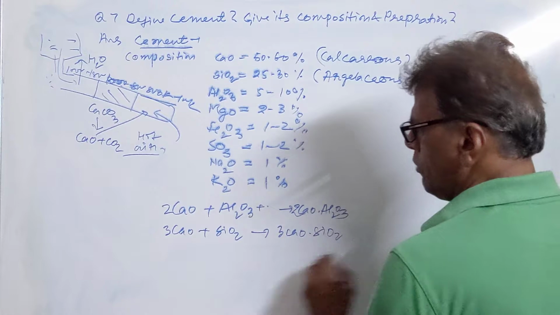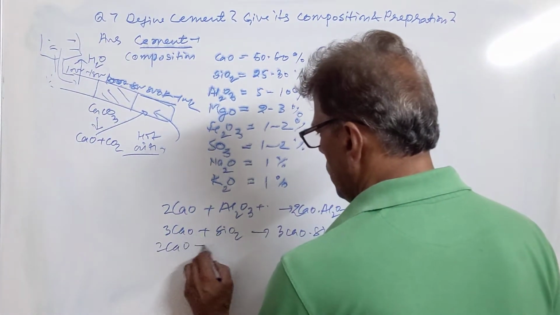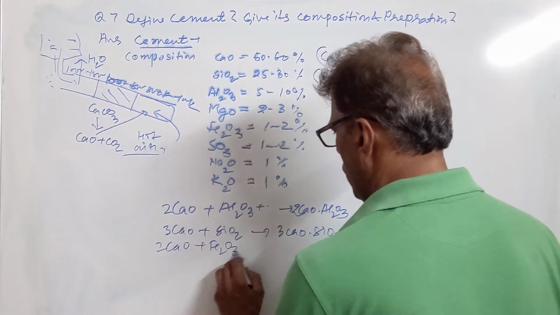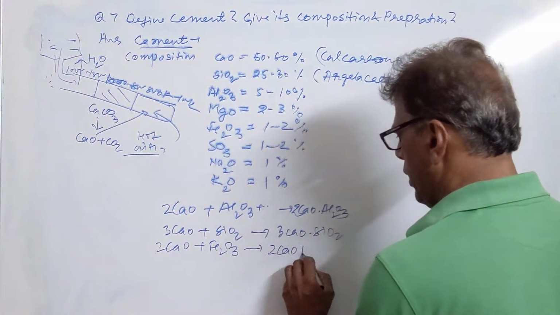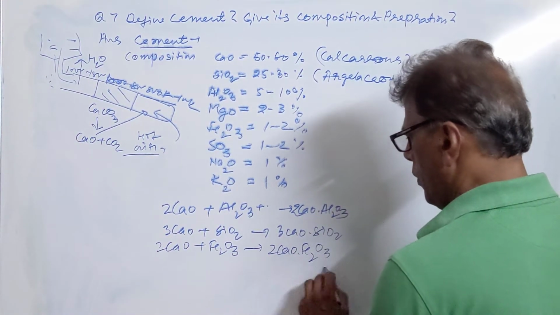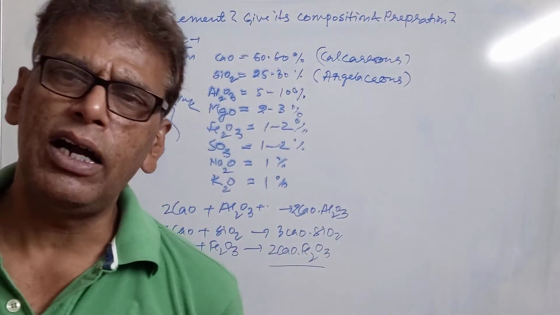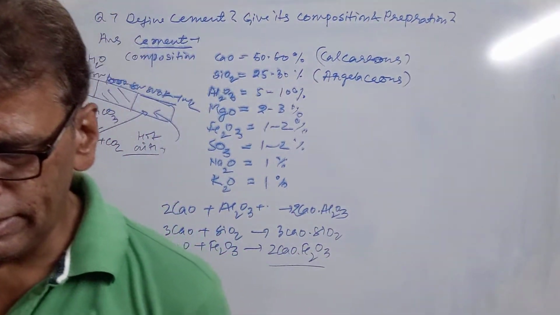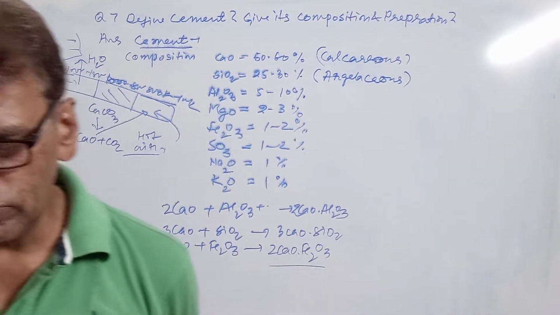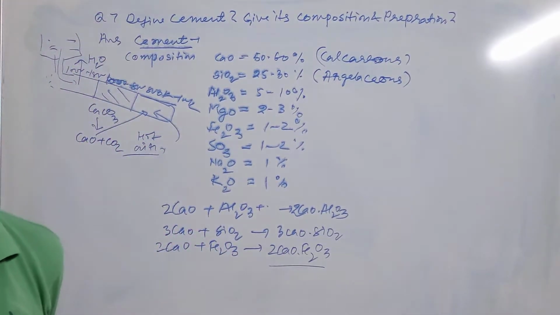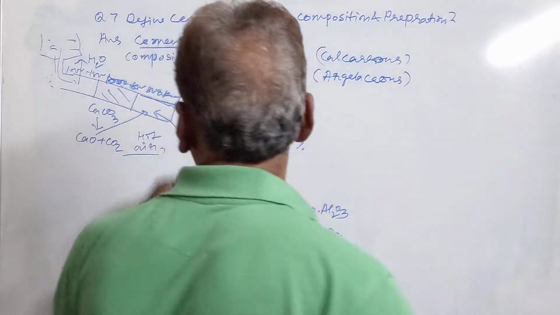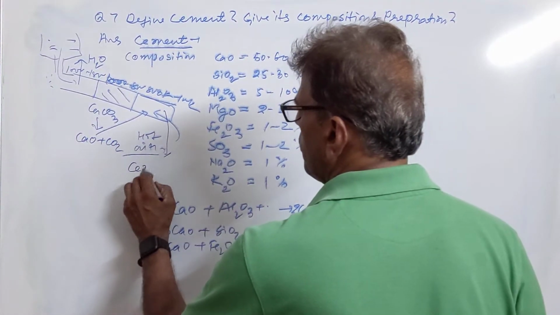It combines with Fe2O3 to give dicalcium ferrate. These substances start forming from the middle of the furnace, and when they reach the bottom of the furnace, the combination is complete, and at the end we get cement clinker from the bottom.